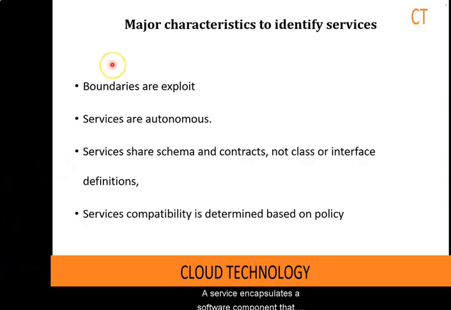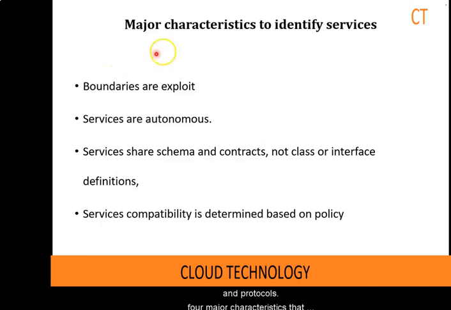A service encapsulates a software component that provides a set of coherent and related functionalities that can be reused and integrated into bigger and more complex applications. The term service is a general abstraction that encompasses several different implementations using different technologies and protocols.